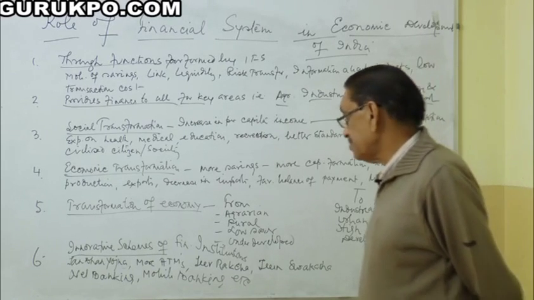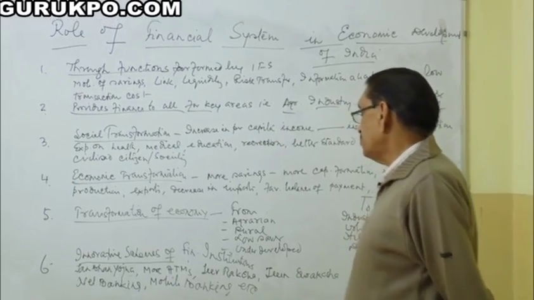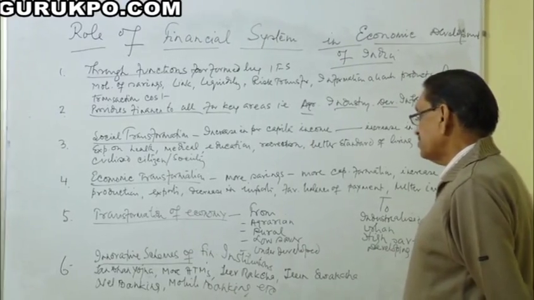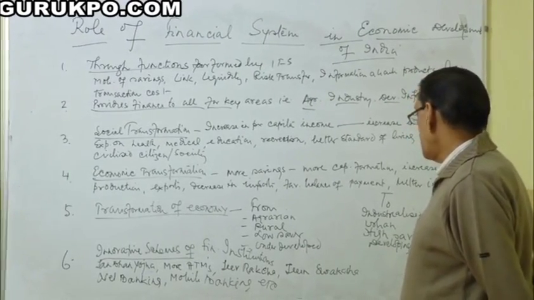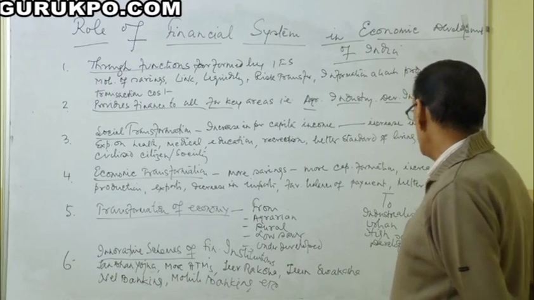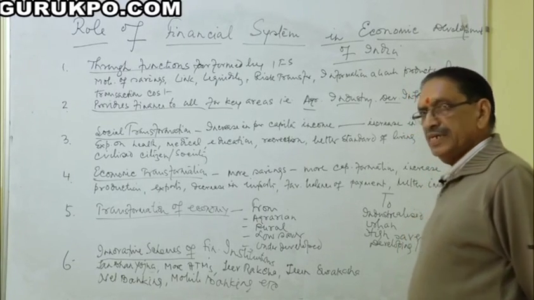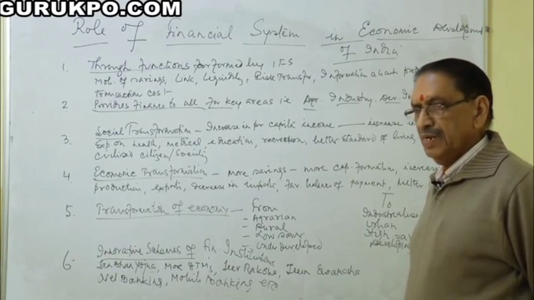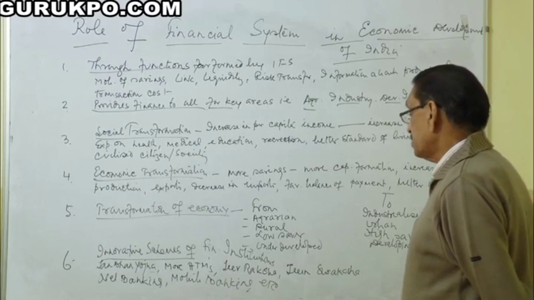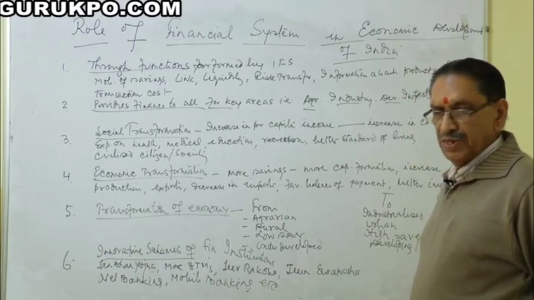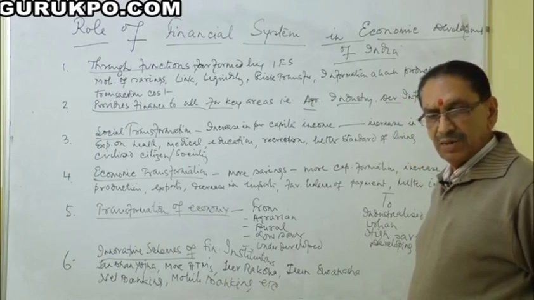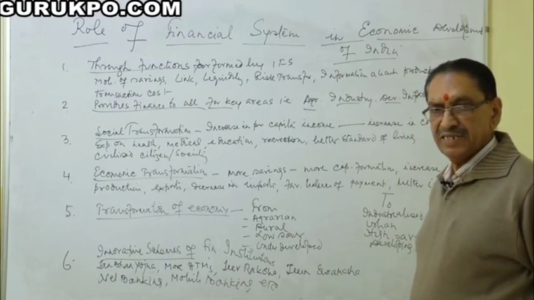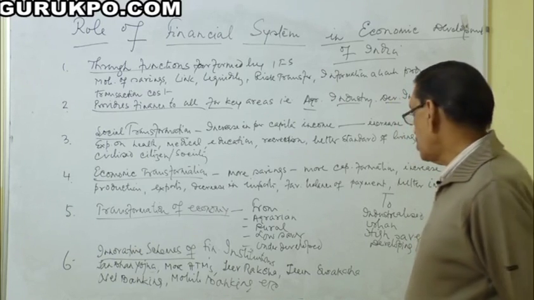Now, the fifth aspect of this importance I would like to discuss in the form of transformation of the economy. This financial system also helps in transforming the economy completely from agrarian to industrialized. The entire agricultural economy has been transformed into a highly industrialized economy by helping to ensure the agro-processing industry. The farmer is also interested in agro-processing so that value addition is there and he gets a better return on his crop.